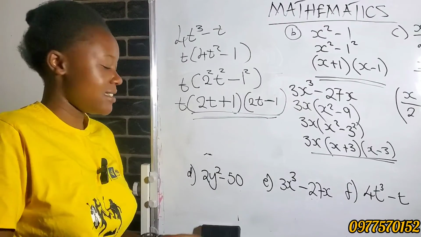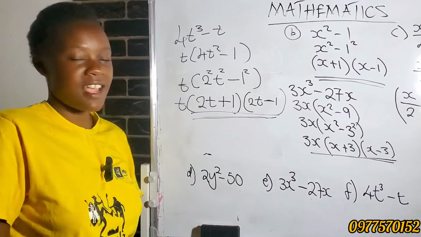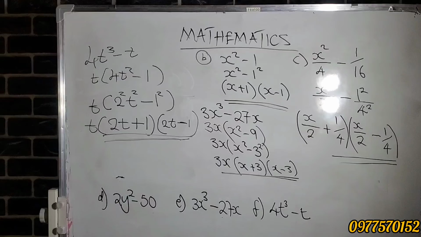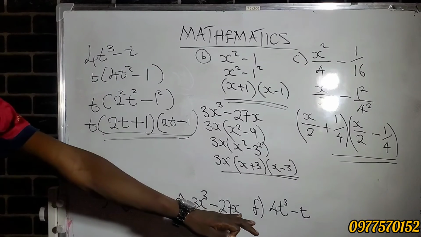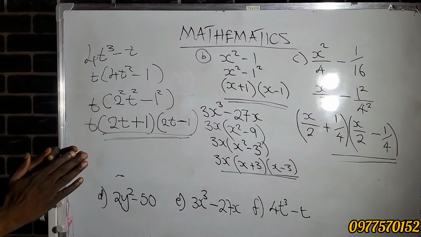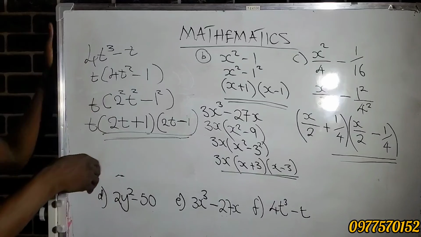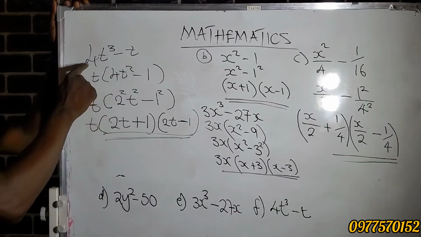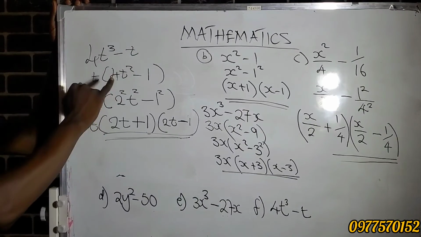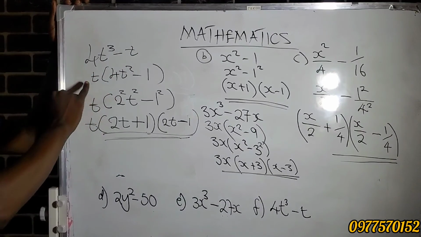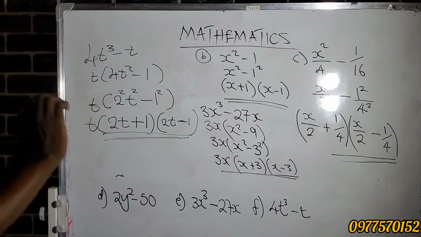Thank you so much. Let's wait for the exercise and answer together. All right, so question F has been solved by Agnes. So this is how it is solved. It is 4t to the power 3 minus t. Then what is common? Look for what is common, which is t. Then factorize.